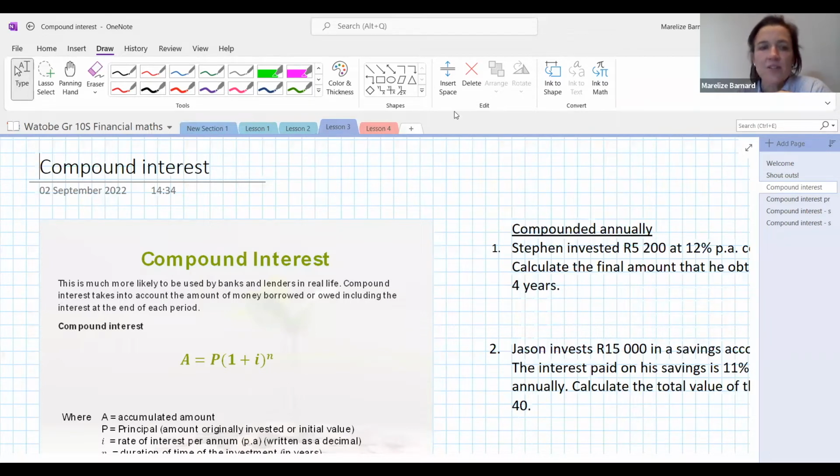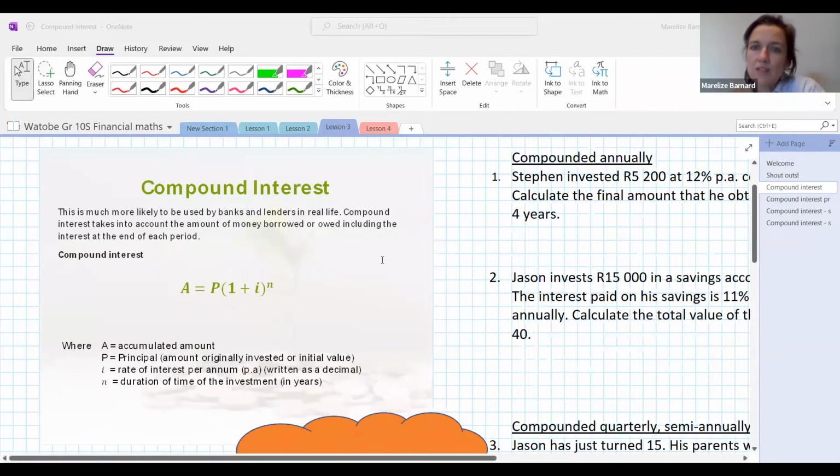Okay, so let's start off with just recapping what compound interest is. Compound interest has to do with the interest that you earn if you put money away, or if you are borrowing money, then interest gets added onto the amount that you borrow or the amount that you put away.